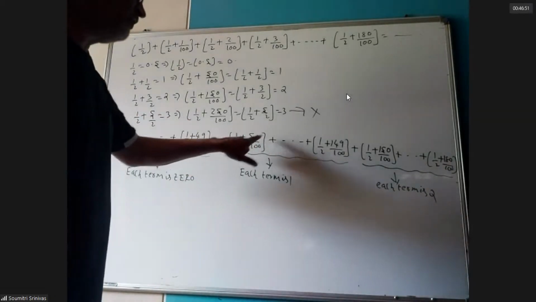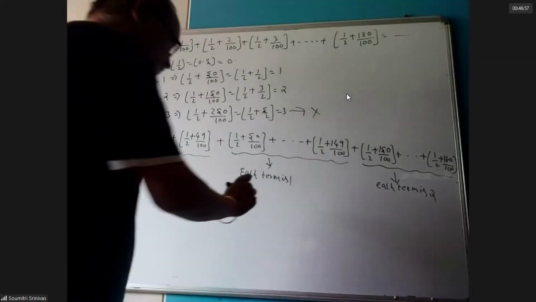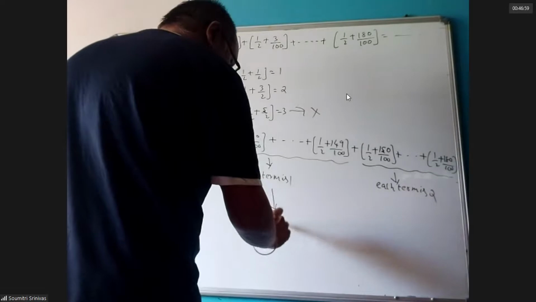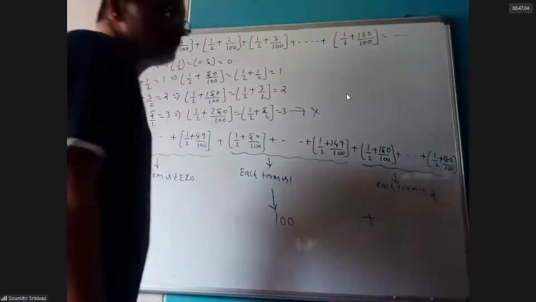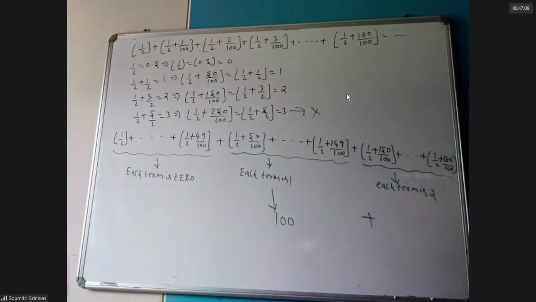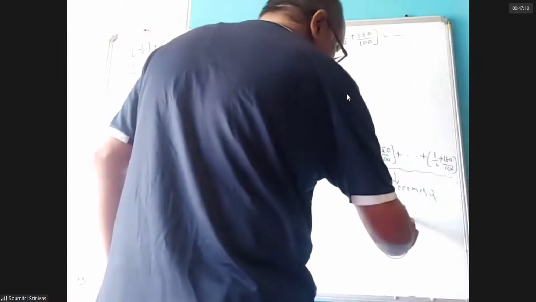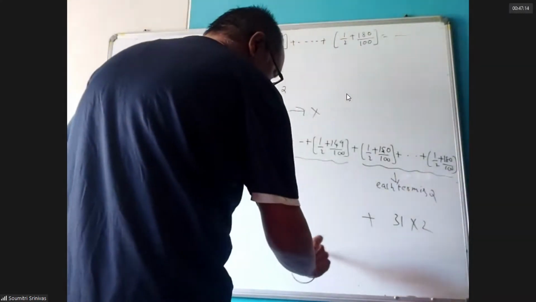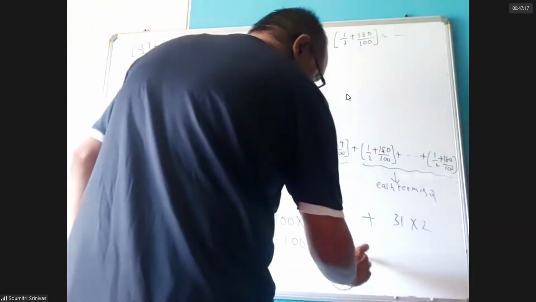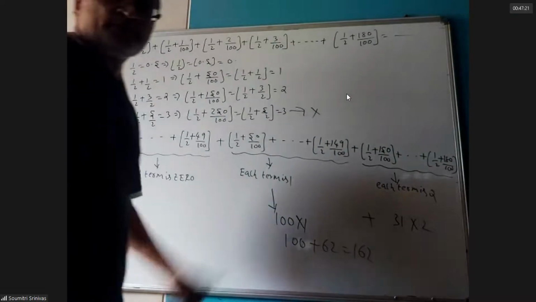From 50 to 149, that's 100 ones. So this is 100, plus how many twos do I get? 31. So 100 into 1 plus 31 into 2, that is 100 plus 62, 162. This was a 2018 JEE Mains question.